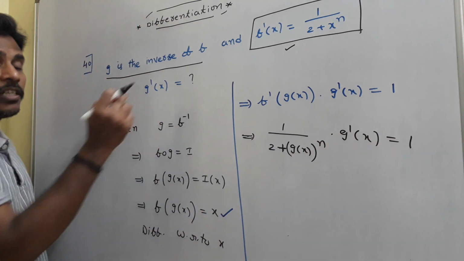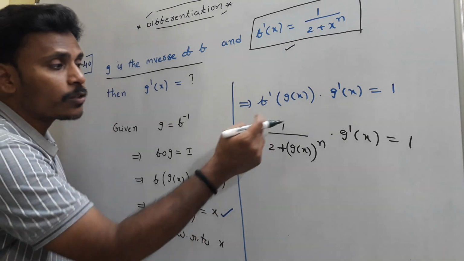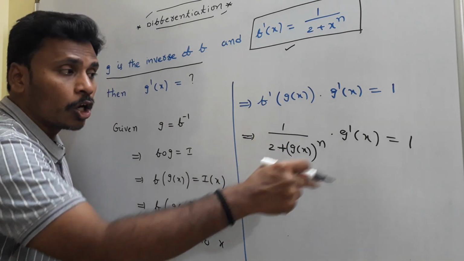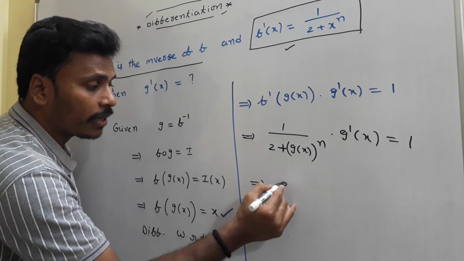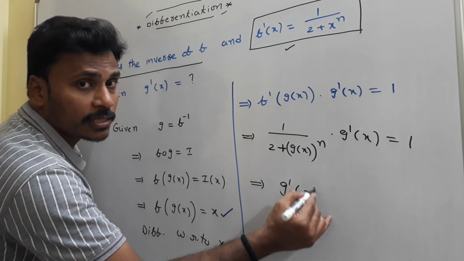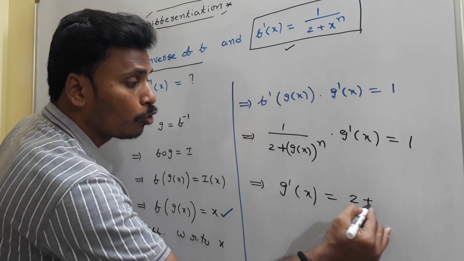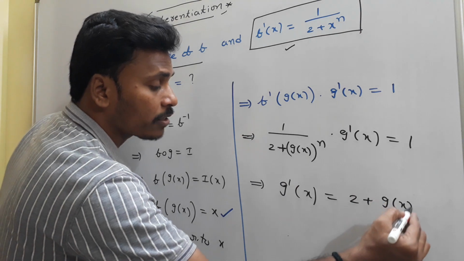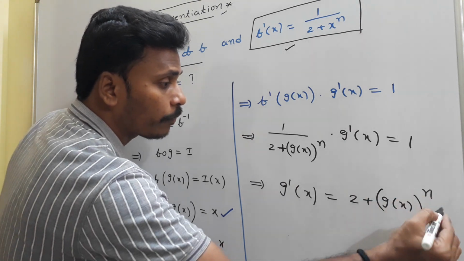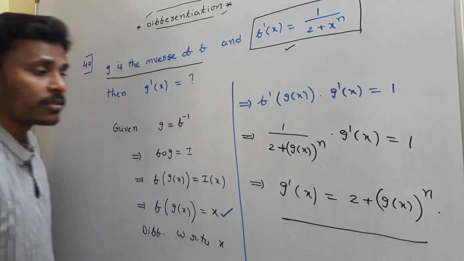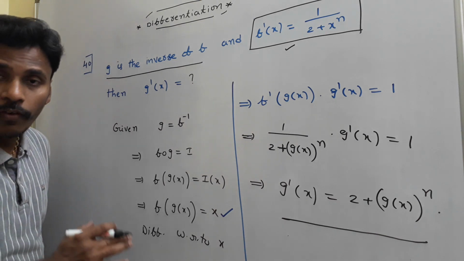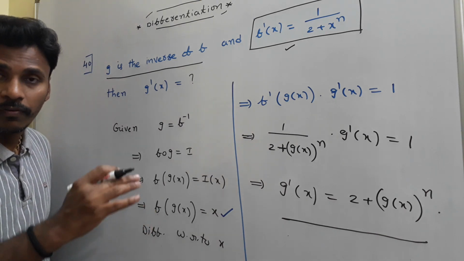Our task is to find g dash of x. Simply send this 1 by 2 plus g power n to that side. It becomes g dash of x is equal to 2 plus g of x to the power n. So finally this is g dash of x.